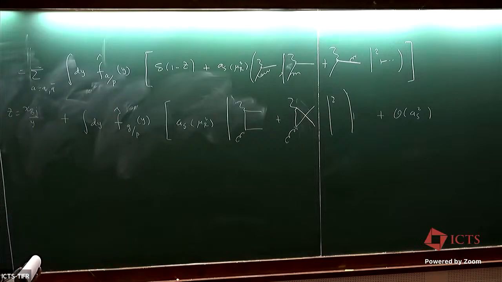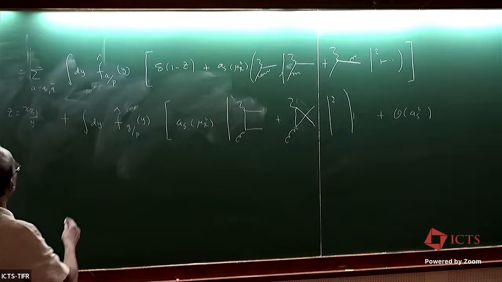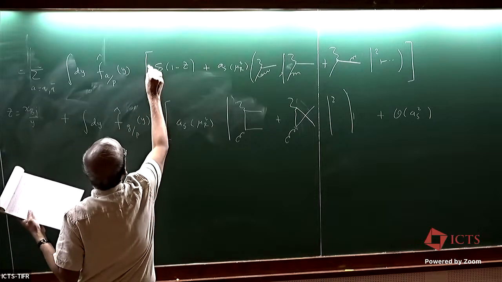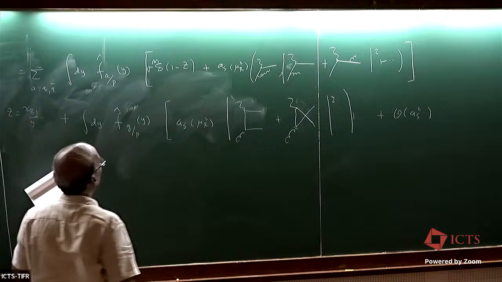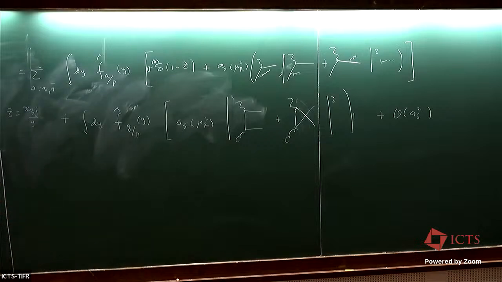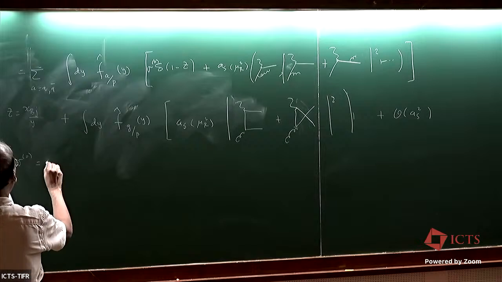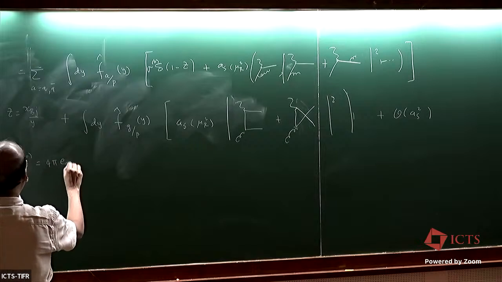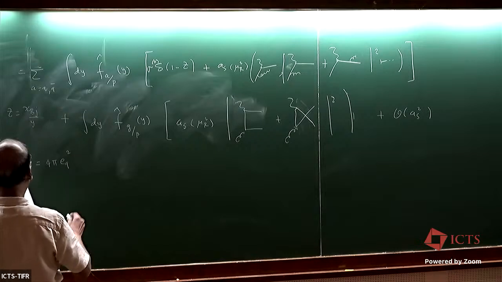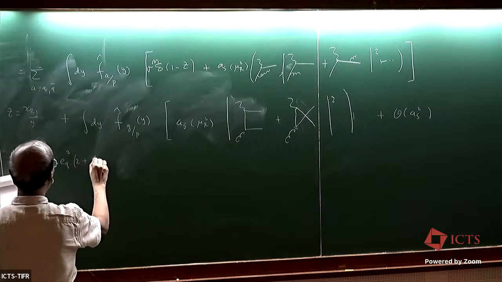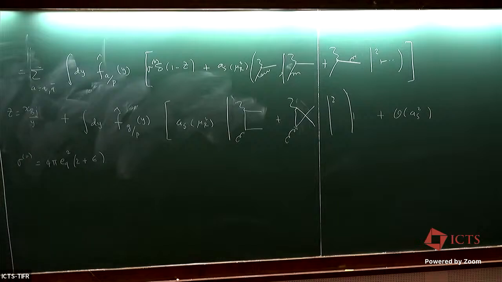So let's put this also for simplicity, this is sigma_0 here, because it's not just a constant, where sigma_0 is simply 4 pi e_q squared into 2 plus, in dimensional regularization, 2 plus epsilon. That's the answer to this.